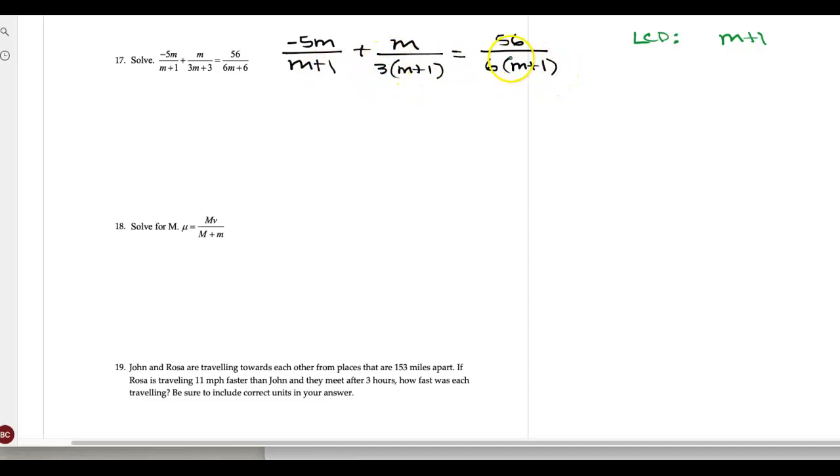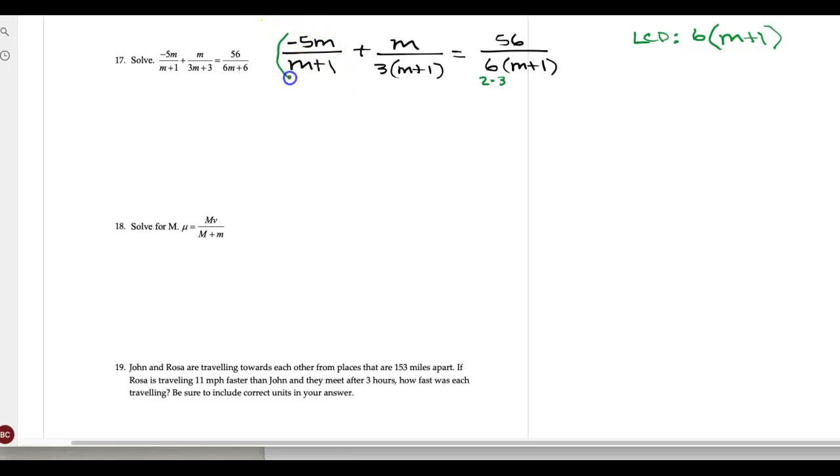This one has a 3 and this one has a 6. Keep in mind that 6 is 2 times 3, so 3 is already part of that 6. So my LCD is 6 times m plus 1. That's what I want to make sure I multiply each part by.